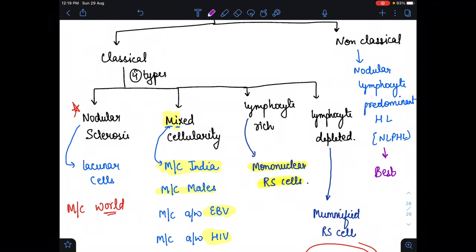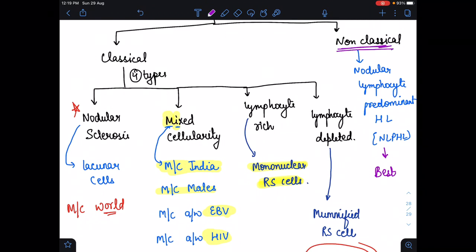So best prognosis is with non-classical Hodgkin lymphoma. I'm not telling you non-Hodgkin lymphoma, I'm telling you non-classical Hodgkin lymphoma, that is NLPHL, gives the best prognosis, while worst prognosis is in the lymphocyte depleted Hodgkin lymphoma.